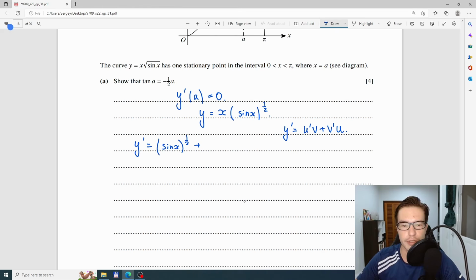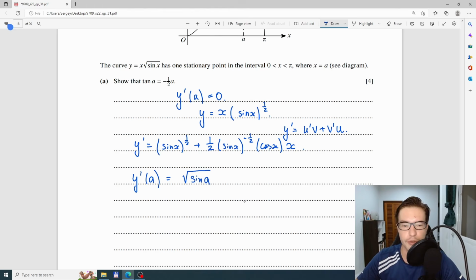We have to use the chain rule, so I'm going to differentiate the power first. I get 1 over 2 times sine x, subtract 1 from the power, and I get minus 1 over 2, times the derivative of the inside function, which is cosine x, then multiplied by u, which is x. Now, y derivative, when we substitute x equals a, is going to be, I will replace the power with the square root back again.